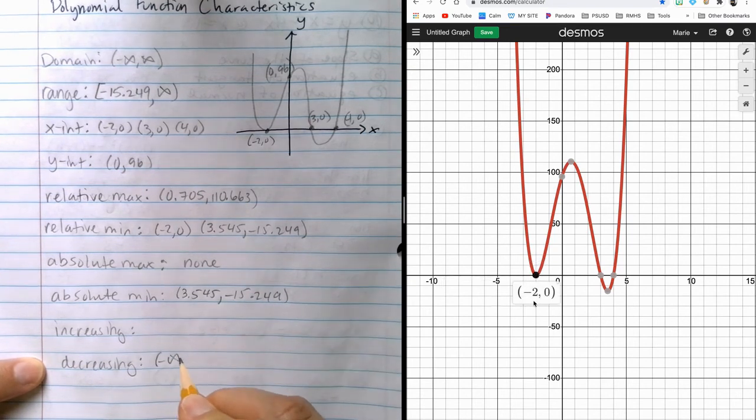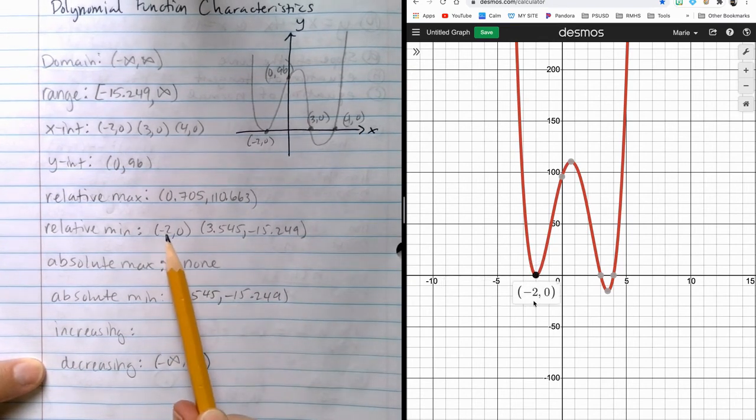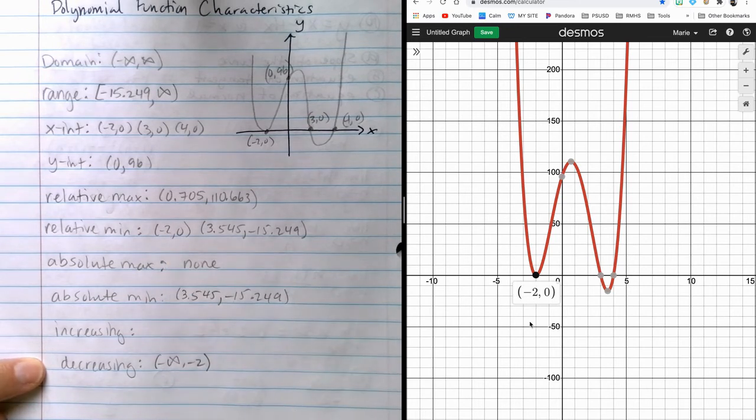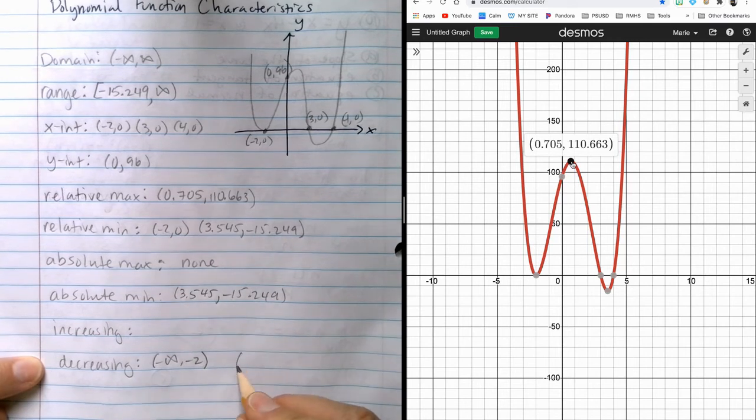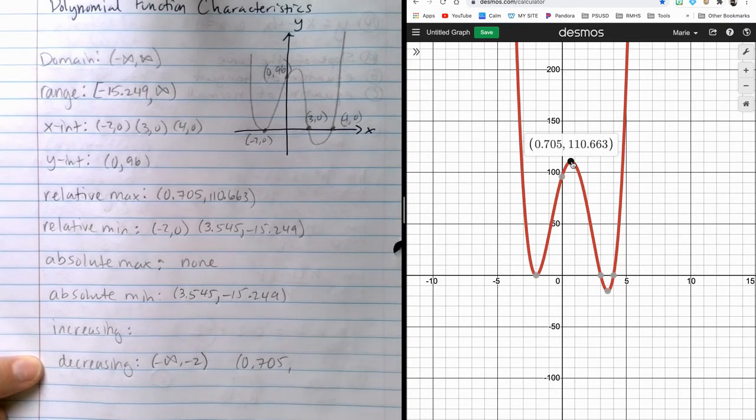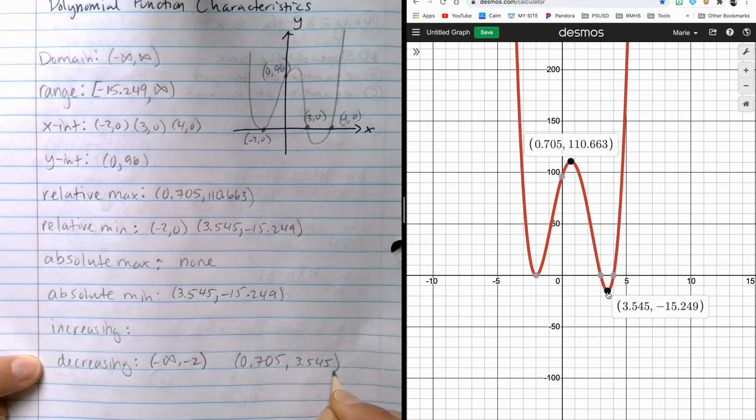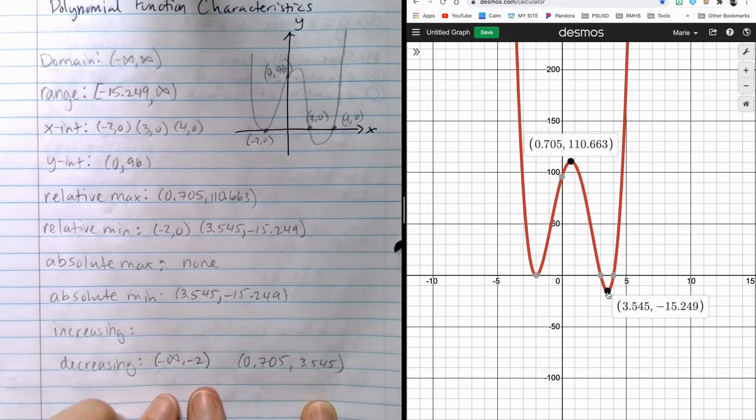Negative 2. Remember, that was one of our minimums here, right? And then it starts to increase again, so that stops. And then from 0.705 until this point right here, 3.545.